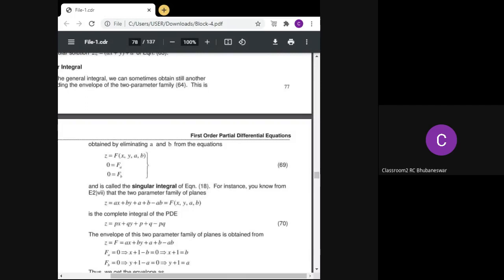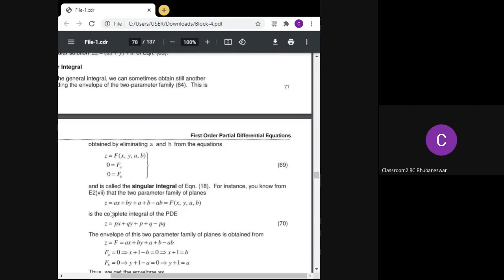And the third one is the partial derivative of F with respect to b, equated to 0. If we solve this set of three equations, that gives us a solution known as the singular integral to the partial differential equation.